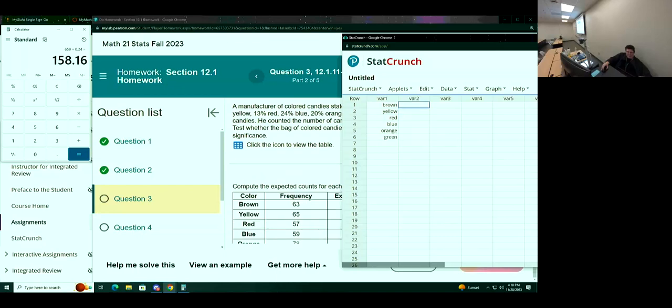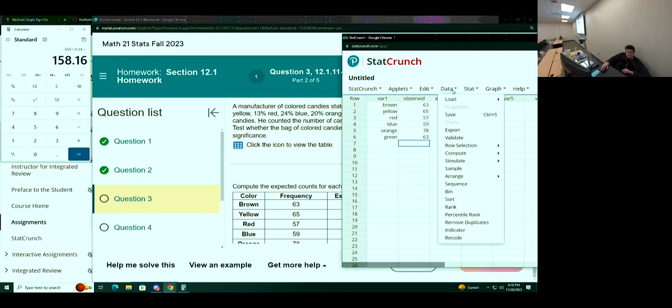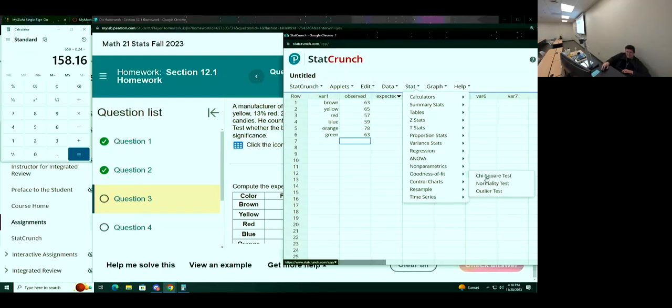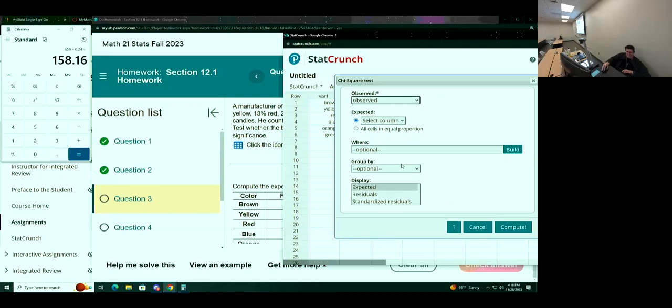But we're going to need this in a bit. There's a quick way to find the total without getting out a calculator, and that's doing the goodness of fit test right away and saying equal proportions.